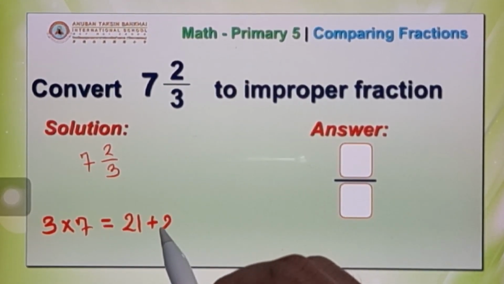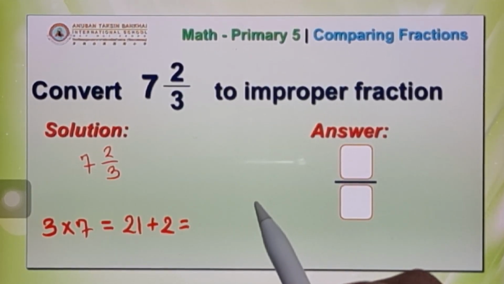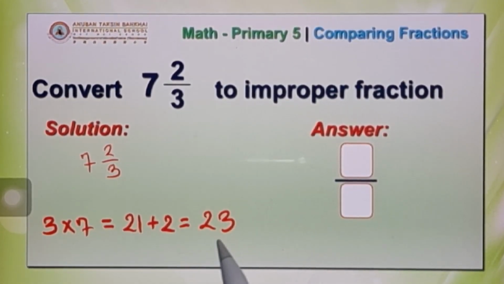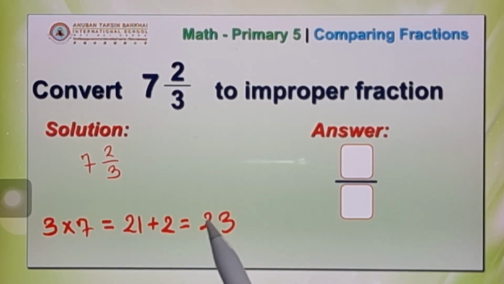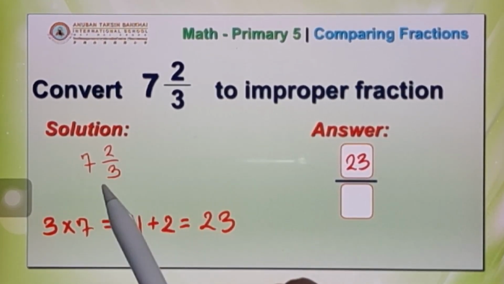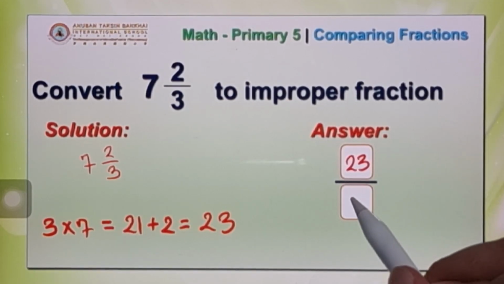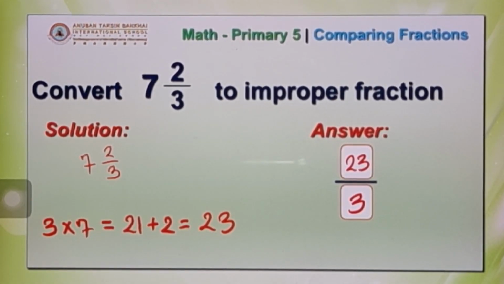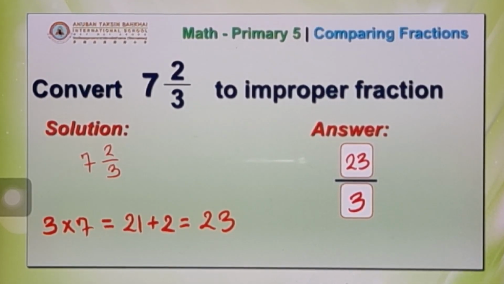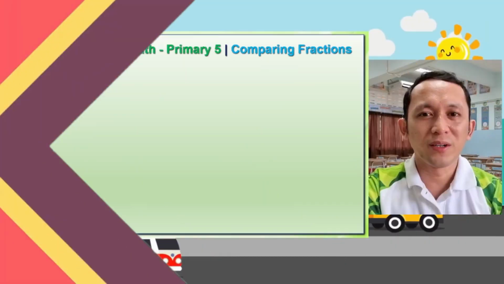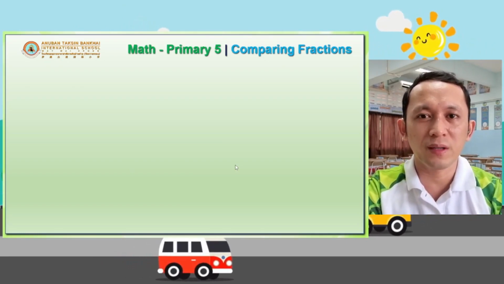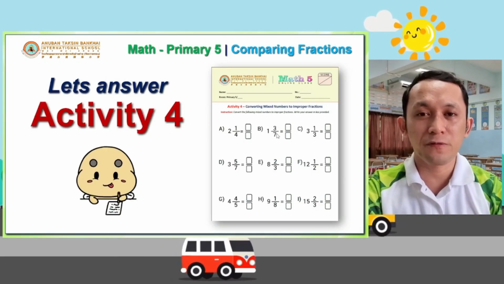So plus 2, therefore we have 23. Let's write this as our new numerator, 23, and let's copy our denominator, which is 3. So therefore, the answer is 23 over 3. Now we're done with examples on how to convert mixed number to improper fractions.